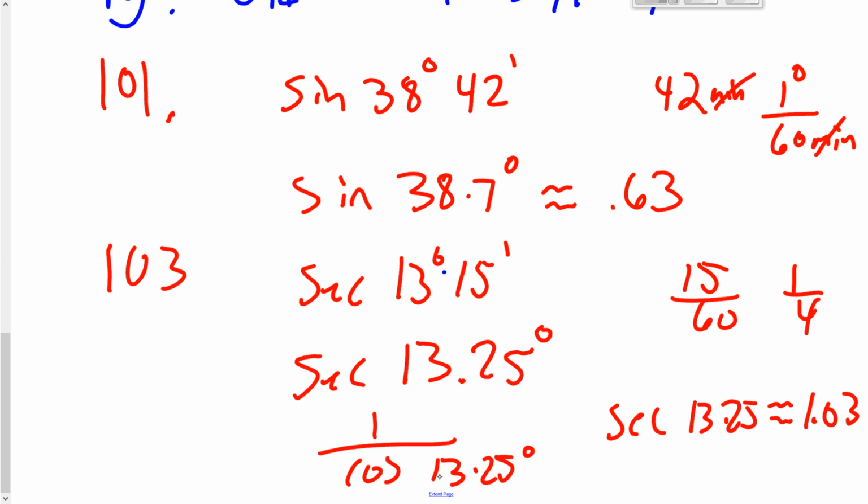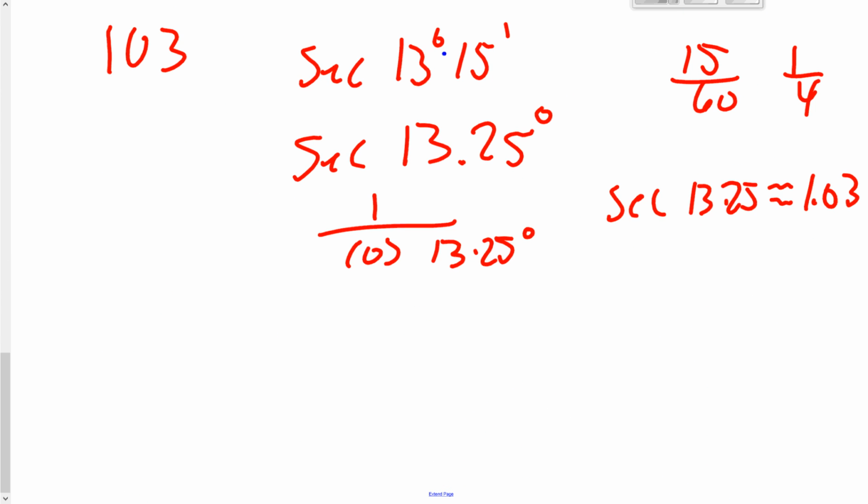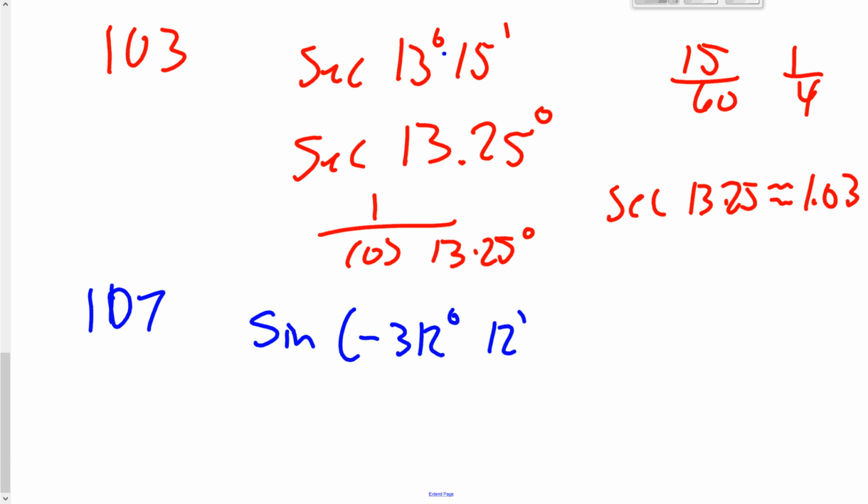Now 107 and 111. Number 107 is sine of negative. That negative is okay, we can type that into our calculator, but we have to change this 12 minutes to degrees, and we did that before. We got 1/5, which is 0.2, so negative 312.2.